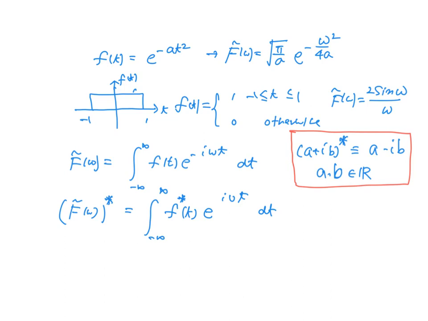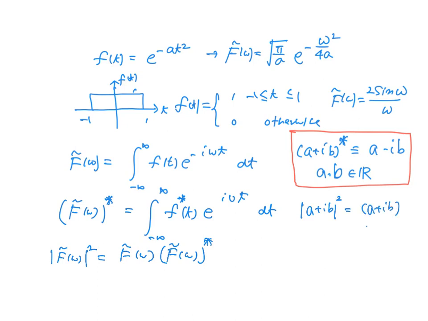So the absolute value of the Fourier transform is actually the multiplication of f omega with its complex conjugate, right? That's the absolute value squared, a plus ib times a minus ib.